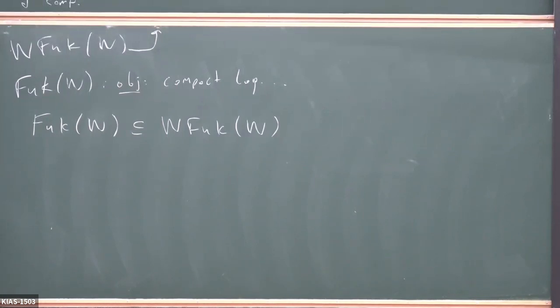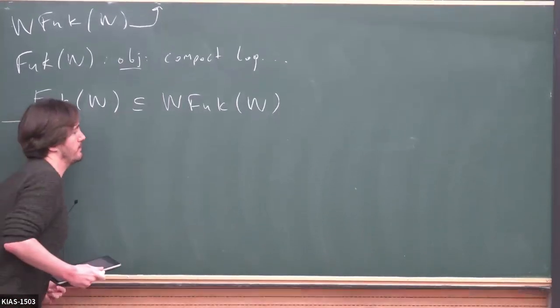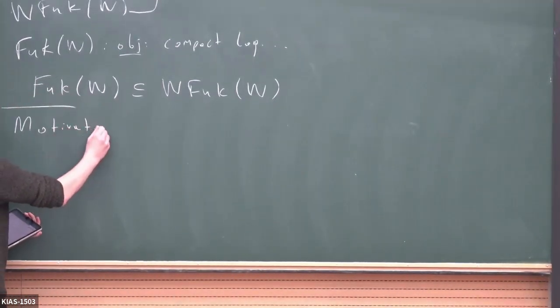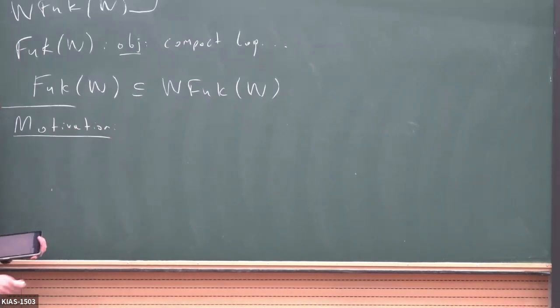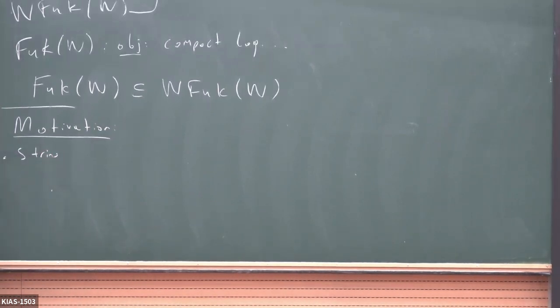So now I will tell what kind of problems I'm thinking about in this setting. Some vague motivation. First let me say why I introduced Fukaya categories and why I want to study this via this kind of invariant.